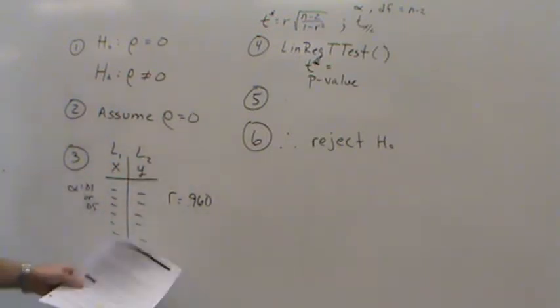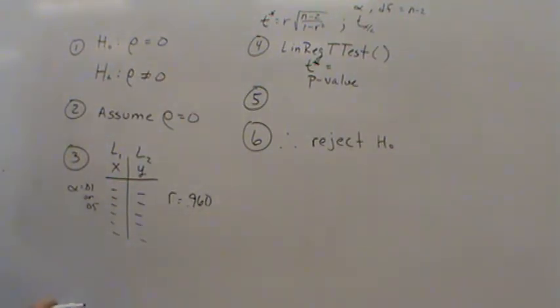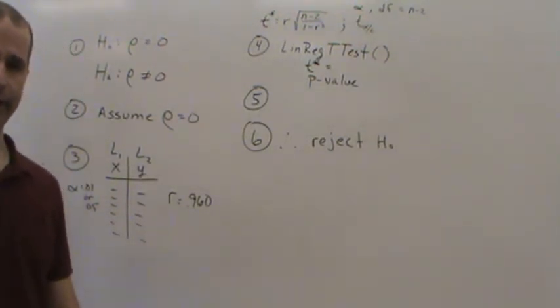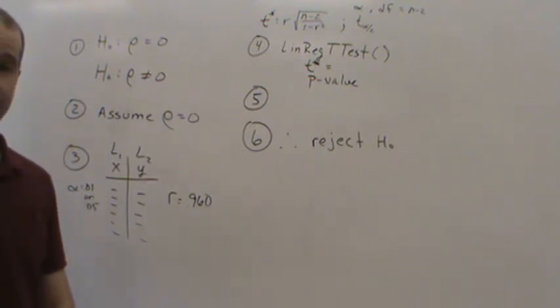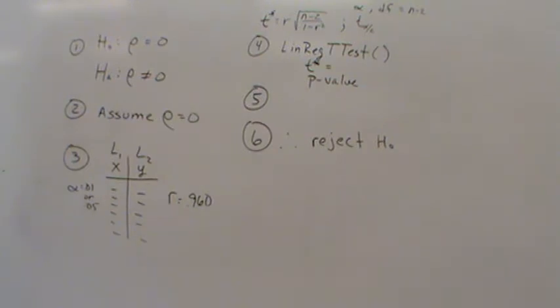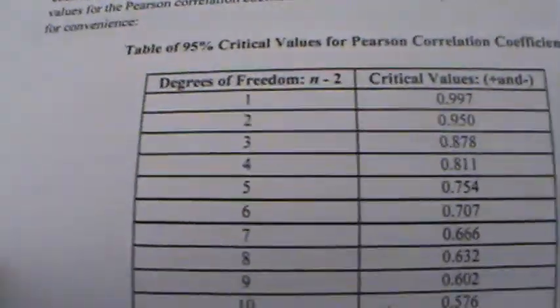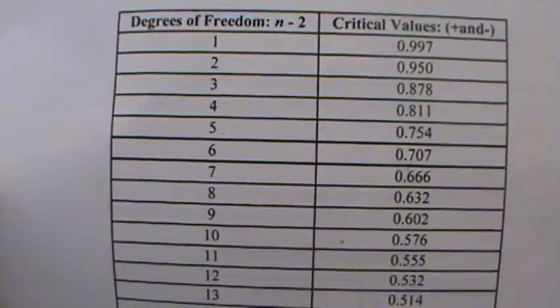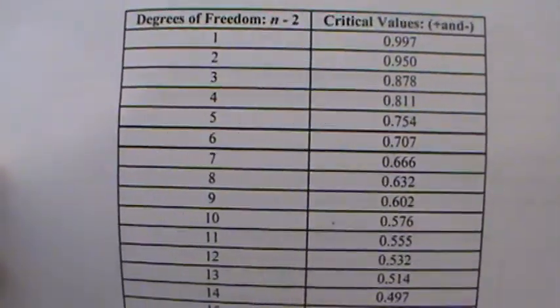We got 0.96, but is that really significant? Let's find out. What was the N value for that? That was 9, so the degrees of freedom would be 7. If we look at the table, what's the critical value for 7 degrees of freedom at a 95% confidence interval? For 7, it's 0.666.